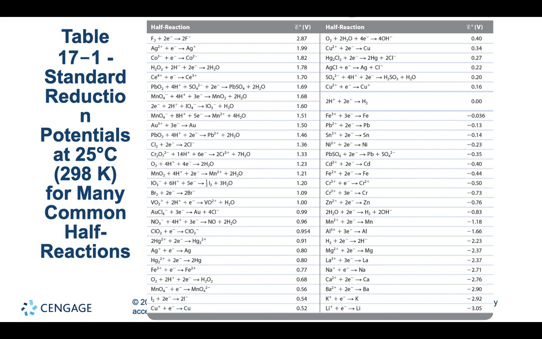So whereas previously the silver was first in the number line and then later was the copper, this time copper is ahead of zinc on the number line. The copper is at 0.34 volts, the zinc is down at negative 0.76 volts.